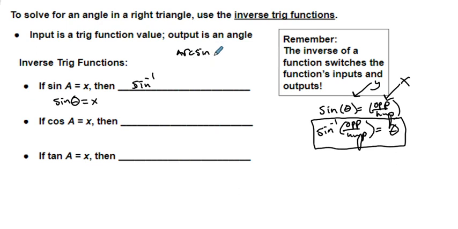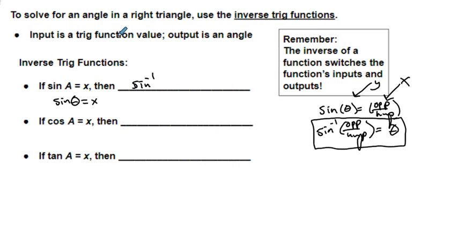They'll call the cosine one arccosine, and then there's arctangent. Now, we're going to use just the inverse notation, but if you watch some other videos, you might see that. And arc stands for inverse as well.